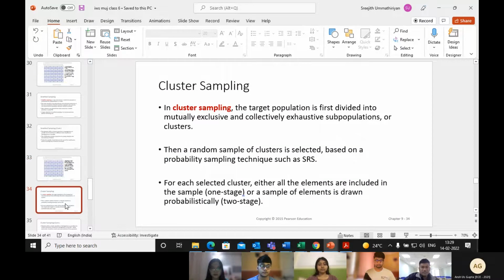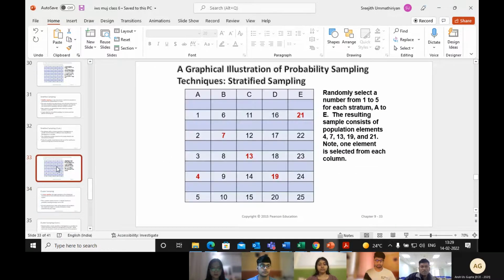Now, the illustration. In the illustration here, randomly select a number from 1 to 5 for each stratum. The resulting sample consists of population elements 4, 7, 13, 19, and 21. Basically, A is one stratum, B is another, C is another, D is another, E is another.